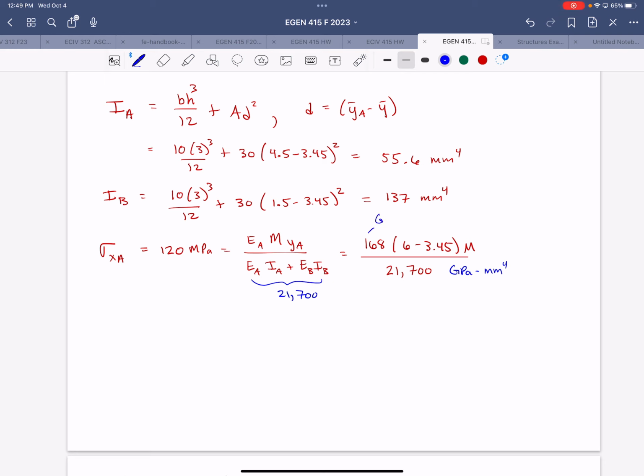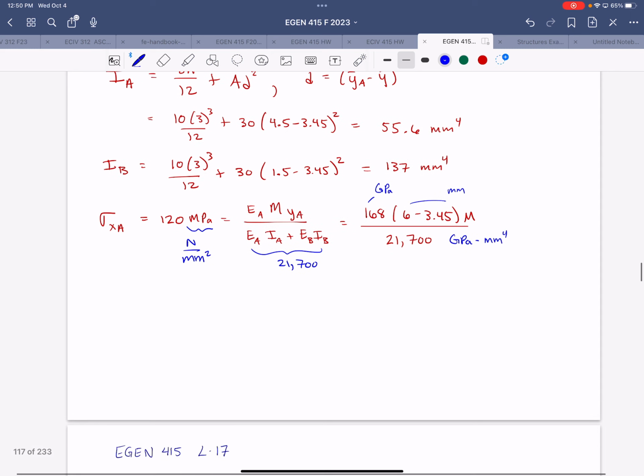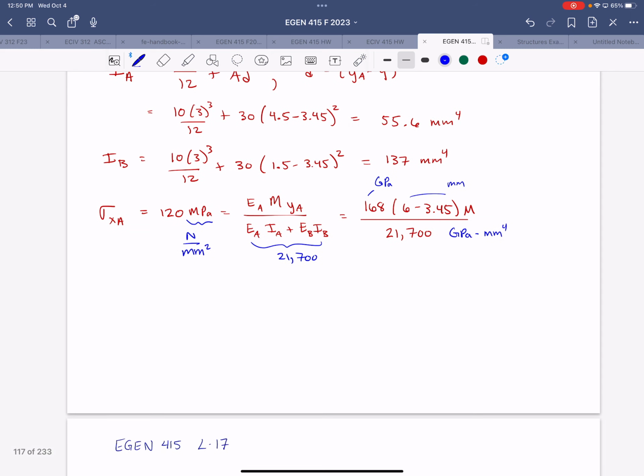Young's modulus was given in GPa, all right, and then our Y's are in millimeters. Here on the other side we have megapascals, so that's equal to newtons per millimeter squared. All right, so accounting for the unit conversions that you need, you can solve for the moment and you get 6,078 Newton millimeters.